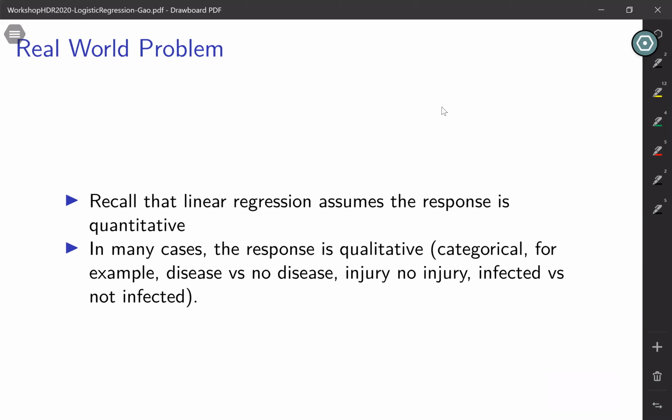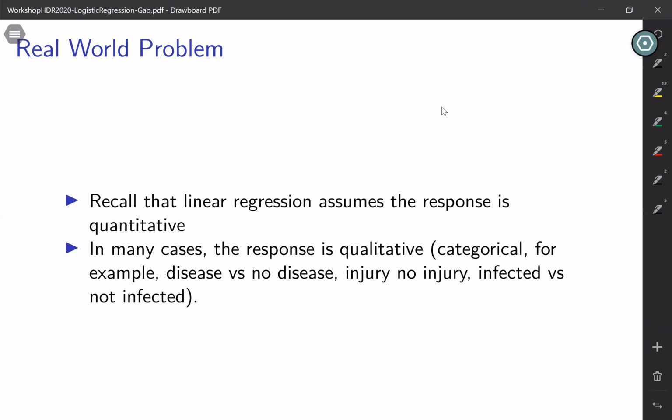For example, something related to everybody: if you want to use a statistical model to predict COVID-19, whether people are infected or not infected. You see this outcome variable is a binary outcome variable, infected versus not infected.